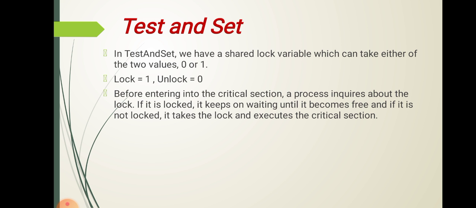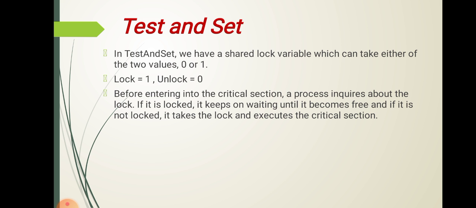Whenever certain processes execute using this test and set instruction, they first acquire the lock value before entering the critical section. After completing the critical section, it is going to release that lock variable. Clear? Whenever it enters the critical section, it has to acquire the lock value, and after finishing its critical section execution, it has to release the lock variable value.